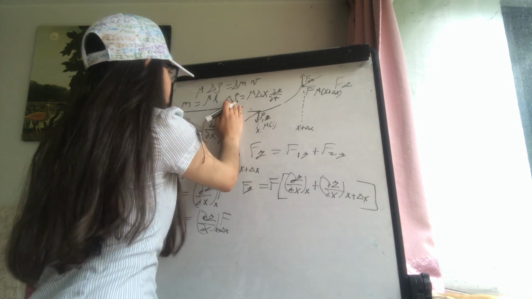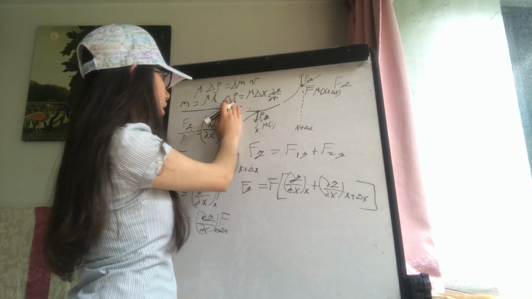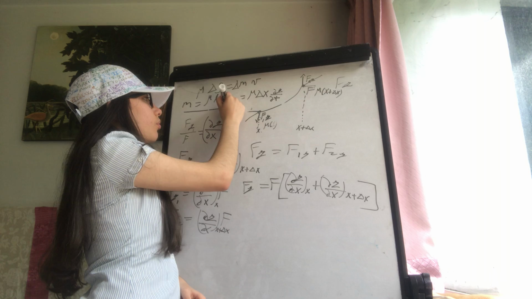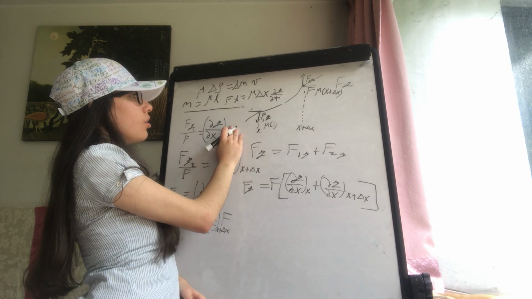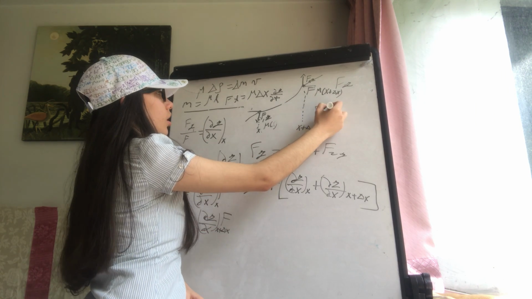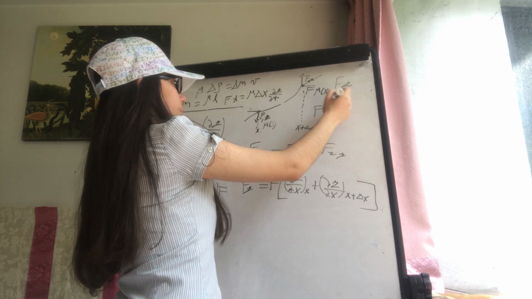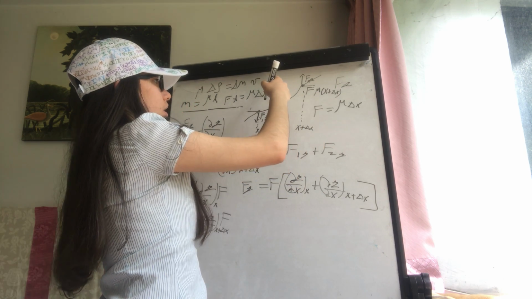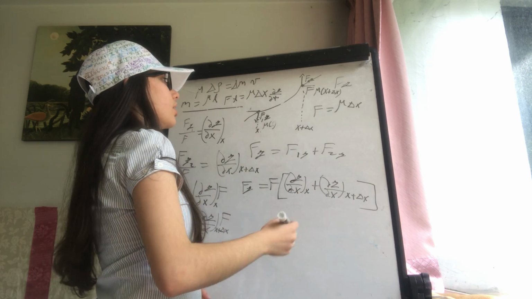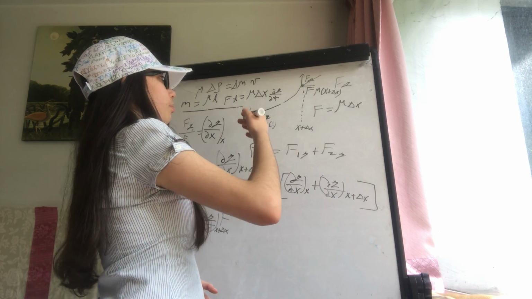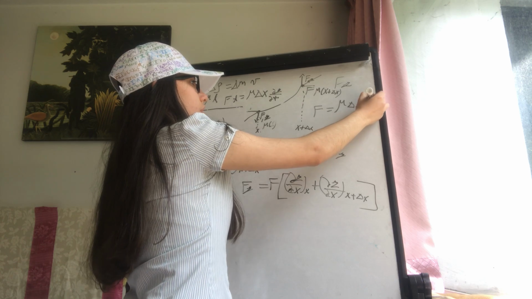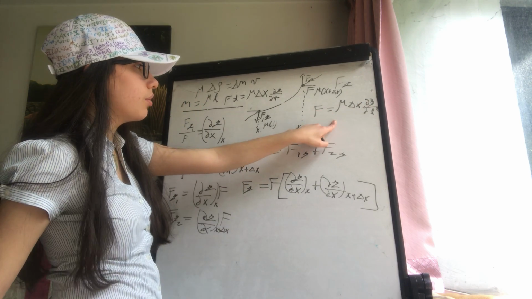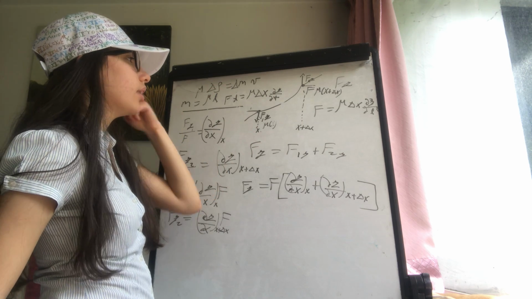Remember that the momentum is force times time, that is the same as impulse, so here I can put force times time. So I have force is equal to mu times dx times dy over dt, so it's the second derivative, d squared y over dt squared, that is force is equal to mass times acceleration.